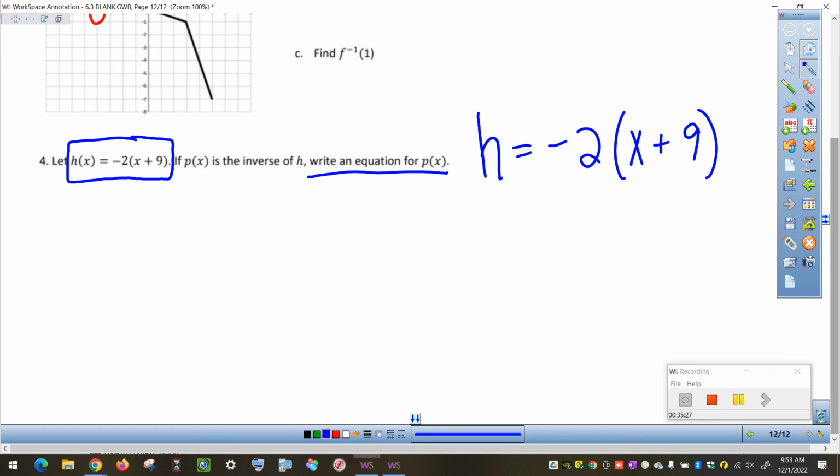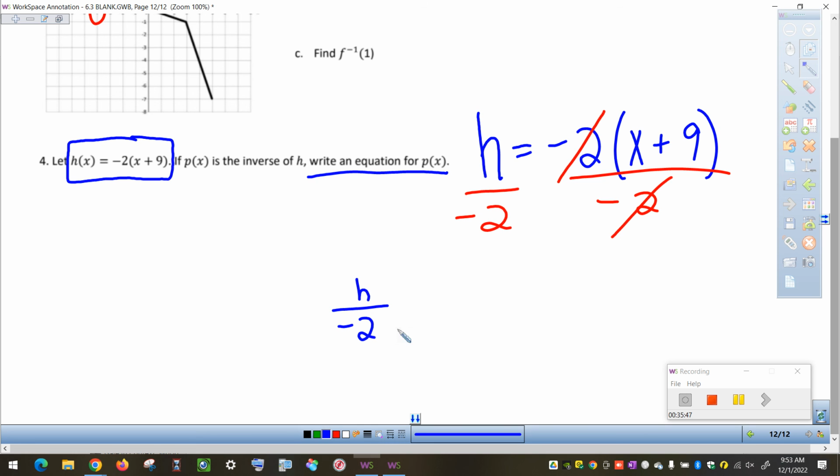So it's kind of actually like something that we did back in chapter 1, where we're just rearranging things, doing those inverse operations, like, for example, dividing both sides by -2. We would have this at the beginning, and then subtracting 9 from both sides. And that would be our answer. So that's our inverse equation. We got the other variable by itself.